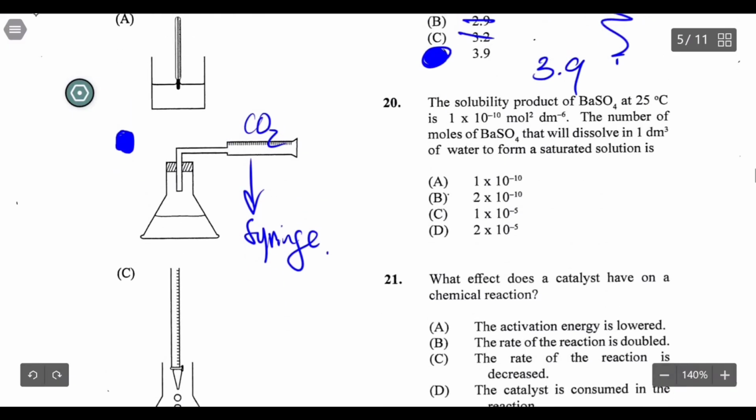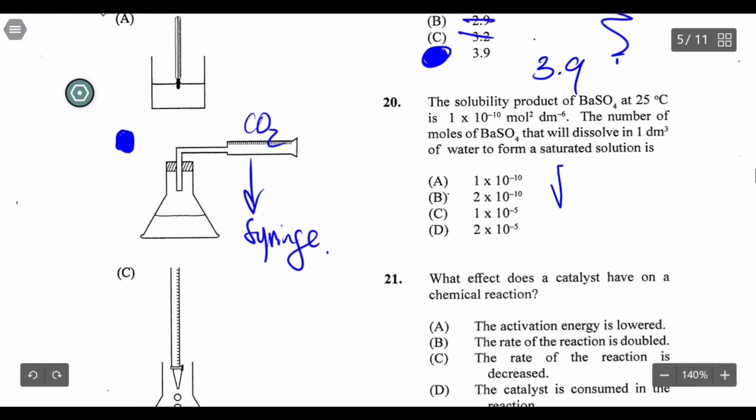The solubility product of barium sulfate at 25 degrees Celsius is 1 times 10 to the minus 10 moles squared per dm to the minus 6. Now the number of moles of barium sulfate that will dissolve in 1 decimeter cube of water to form a saturated solution is... Okay, this one is quite simple.